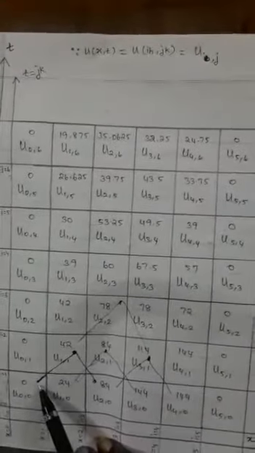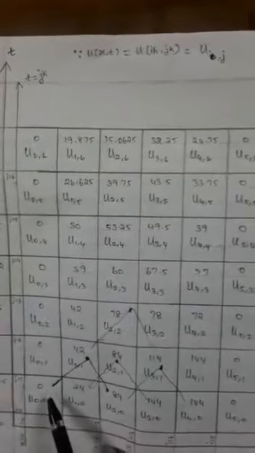Similarly, we can calculate the other values. Let us see in the table. In the table, I need to calculate u1 comma 1. u1 comma 1 is the average of the left hand side and right hand side. The left hand side is u0 comma 0, the right hand side is u2 comma 0. So 0 plus 84 divided by 2, that is 42.